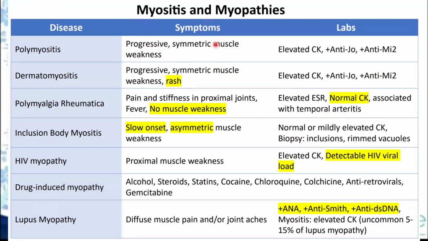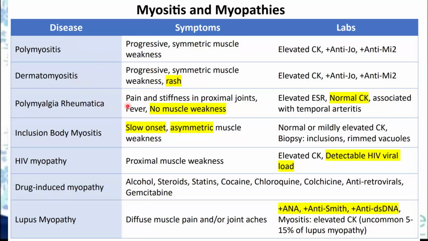Progressive and symmetrical in both. And it's a muscle weakness, right? And how do you differentiate between the two? So when they say progressive, symmetric, and there's a muscle weakness, then you think of these two, right? So when it's weakness, it's polymyositis or dermatomyositis. And then you differentiate the two with the rash, right? So if there's a rash, it's dermatomyositis.